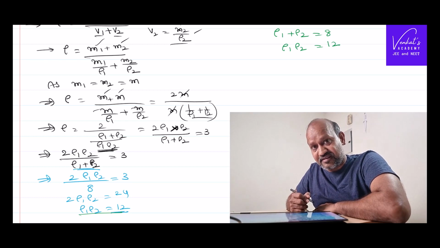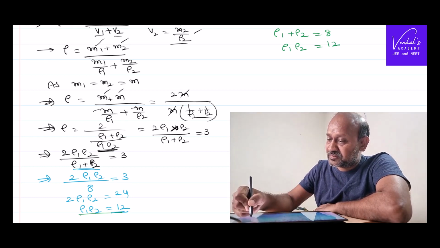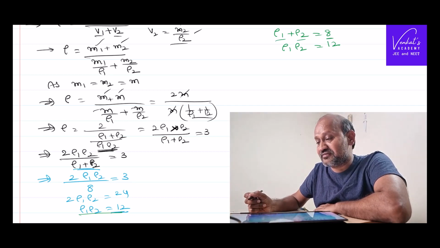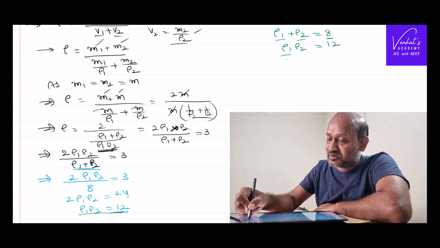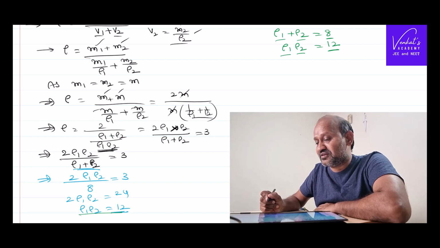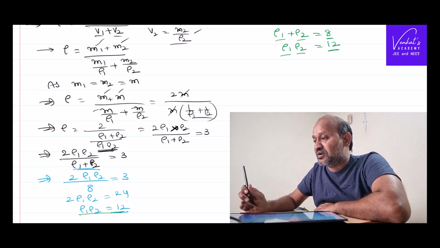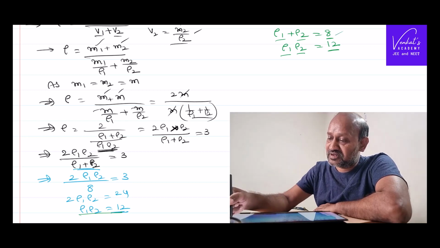You can easily solve it, or you can even simply guess. The possibilities of rho 1 and rho 2 adding to 8 are 1 and 7, 2 and 6, 3 and 5, like that. But the product of rho 1 and rho 2 has to be 12, which can be found only with two values.